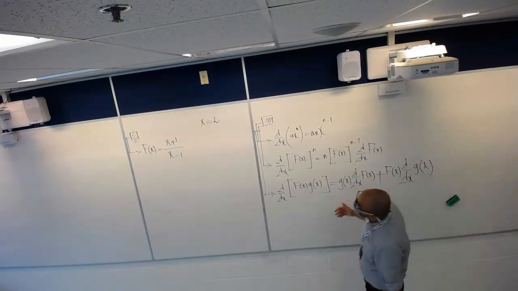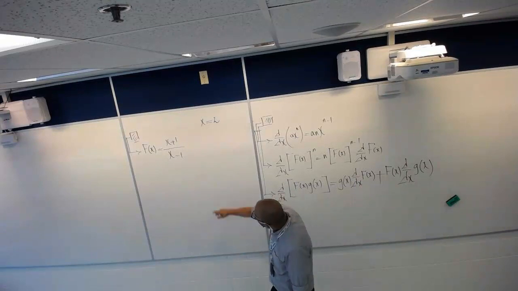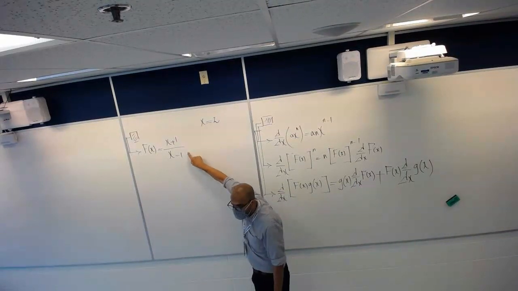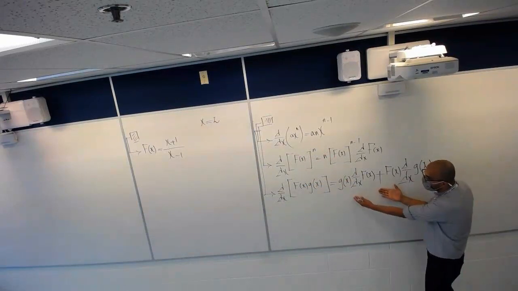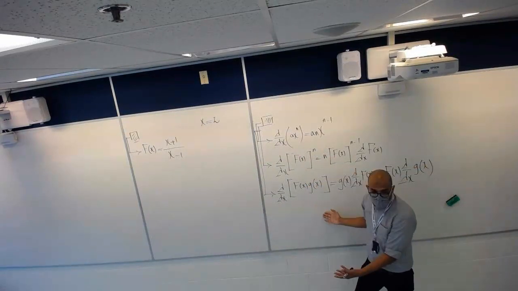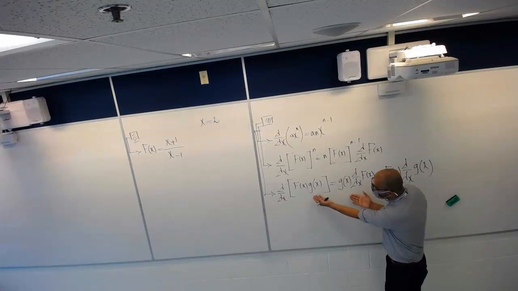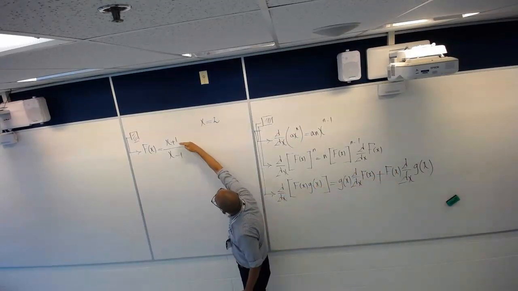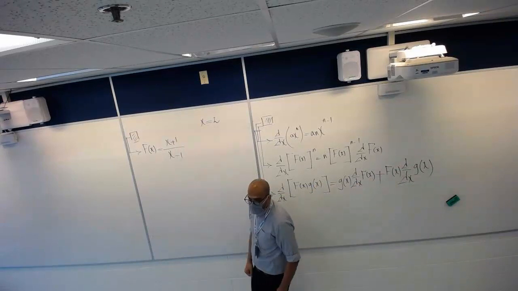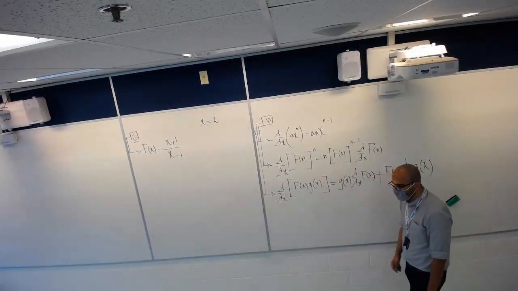The closest one is the product, where two functions are multiplied, but this one has two functions divided. Then what do I have to do?